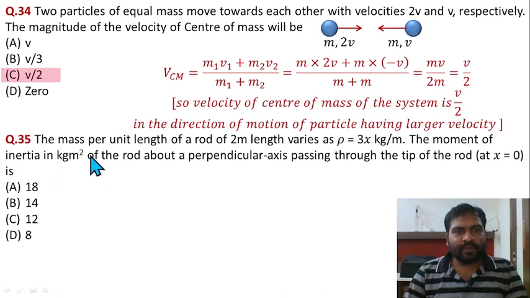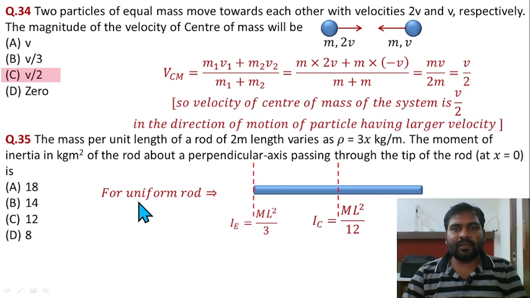Question 35. The mass per unit length of a rod of 2 meter length varies as rho equal to 3x kg per meter. The moment of inertia in kg meter square of the rod about a perpendicular axis passing through the tip of the rod at x equal to 0 is.